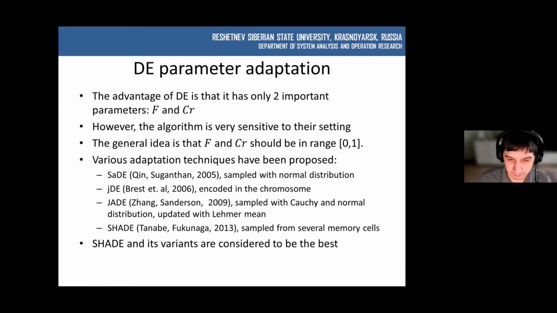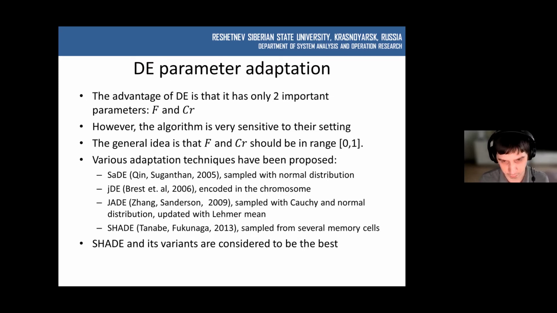Of course, we understand that one of the main problems is how we can determine the parameters of differential evolution. The two main parameters are the scaling factor and crossover rate.